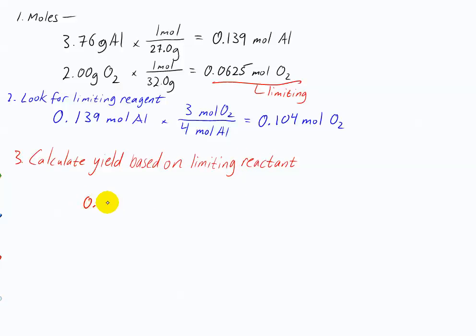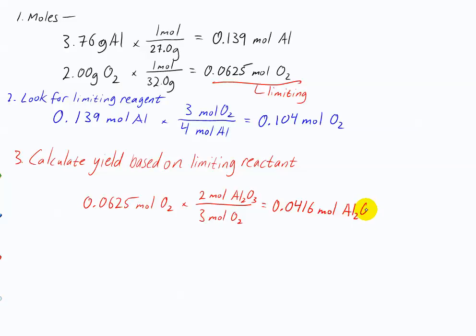So we've got 0.0625 moles of oxygen times 2 moles of product per 3 moles of oxygen. And that means we can get 0.0416 moles of product. All right.